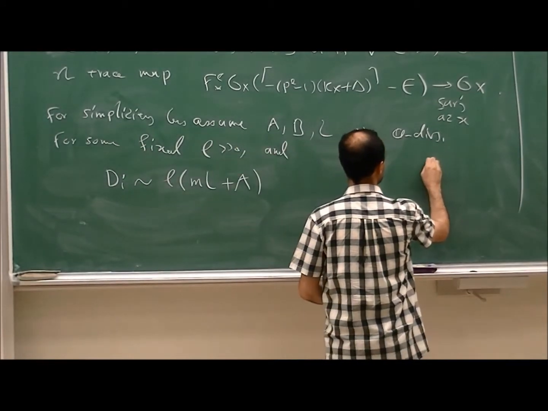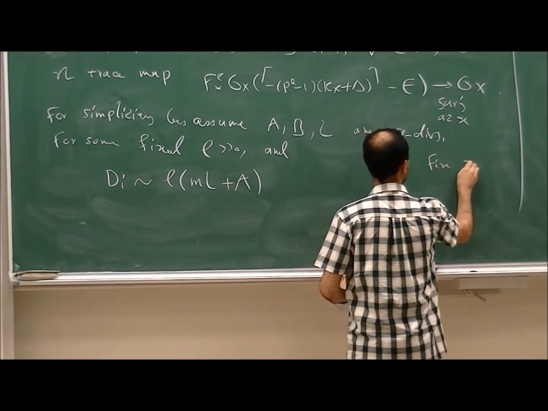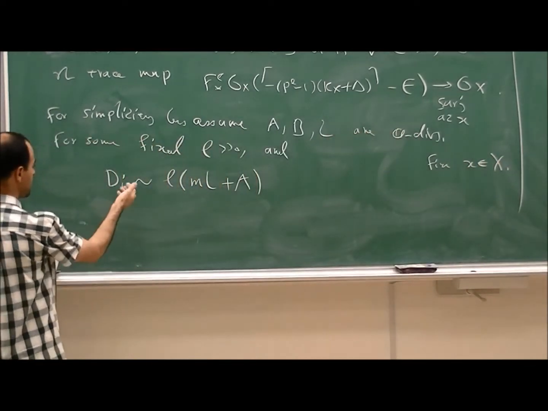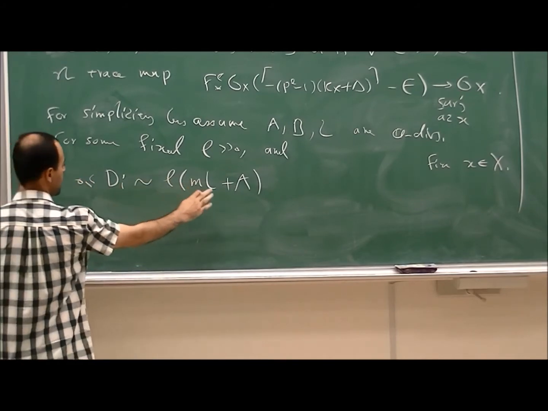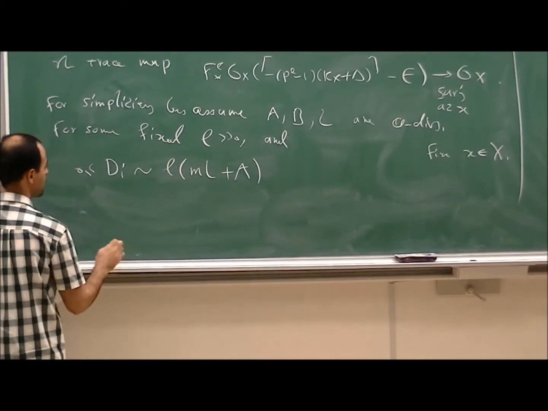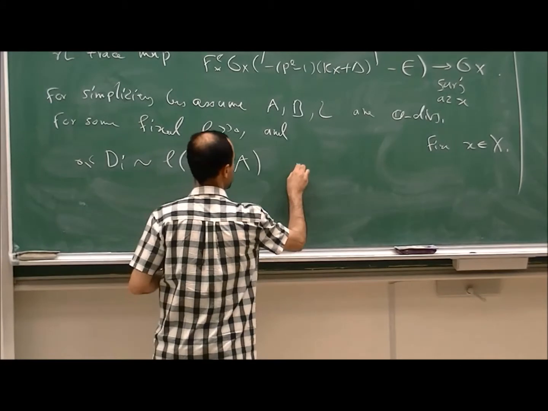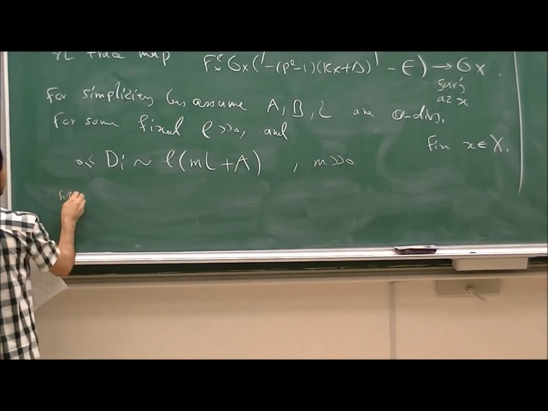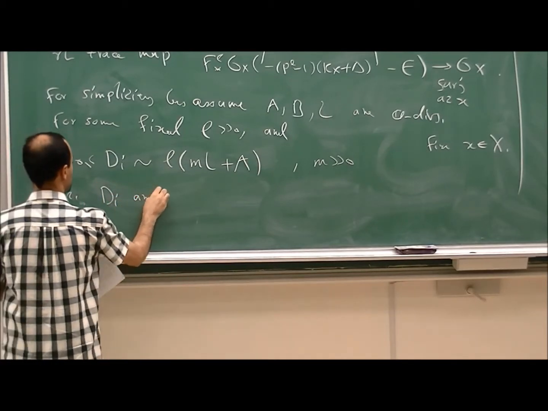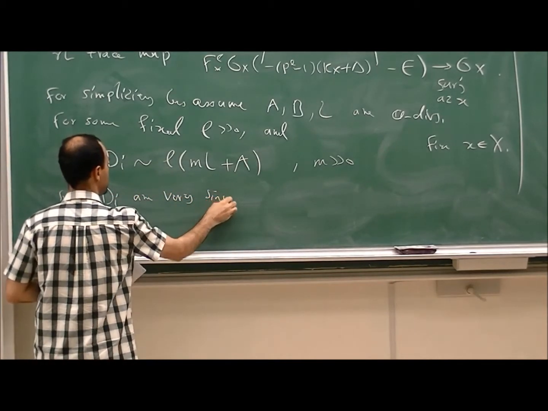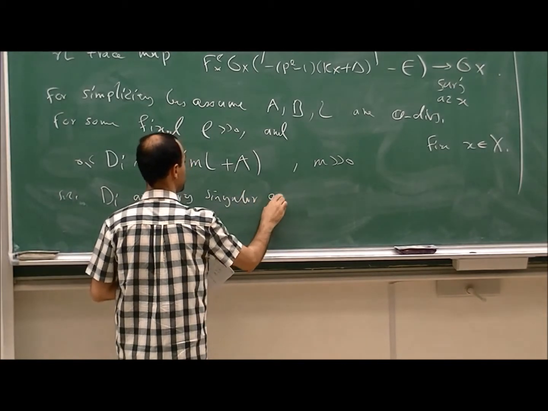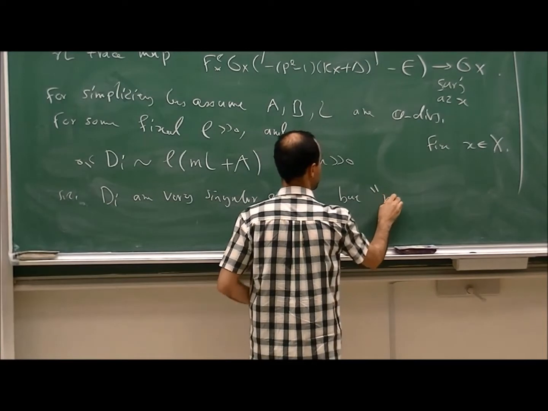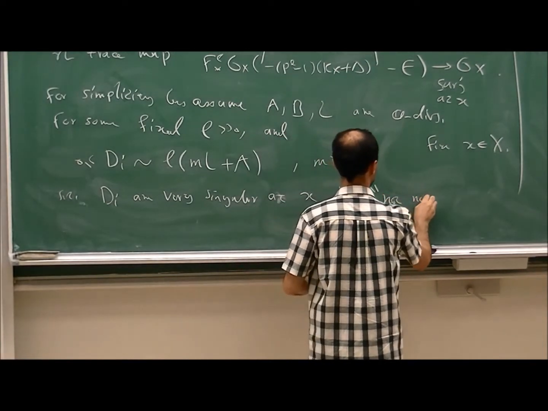So actually we better also fix some closed points. Then I take these divisors which are effective, they come from the linear system of this m(lL plus A), so the m is probably quite large, such that the D_i are very singular at the point x, but as I explained, not at other points nearby.